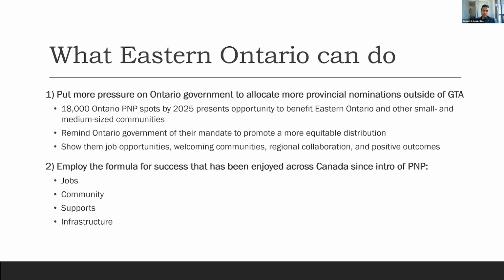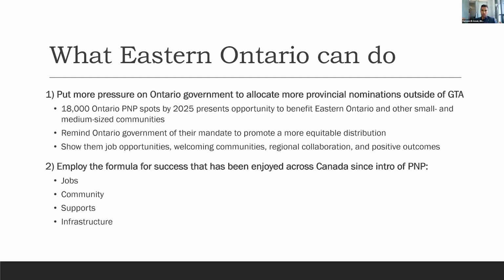The imbalance that I just spoke to is not in the province's best interests. The province needs to do more in terms of promoting a more equitable distribution of immigration across Ontario. This is the province's mandate, and they can't just pay lip service to it. I did a study prior to the pandemic looking at the distribution of immigrants nominated by Ontario, and I found that 80% were nominated in the Greater Toronto Area.